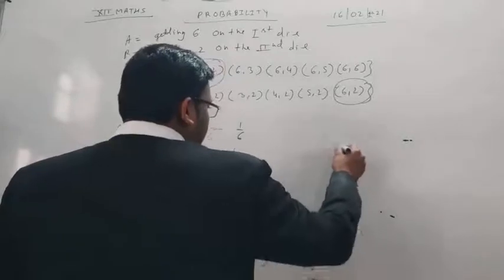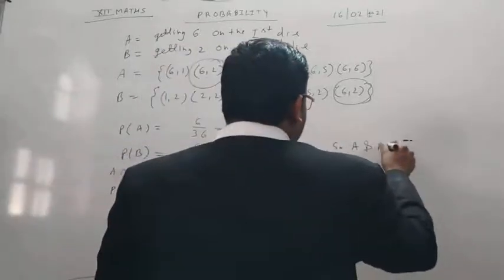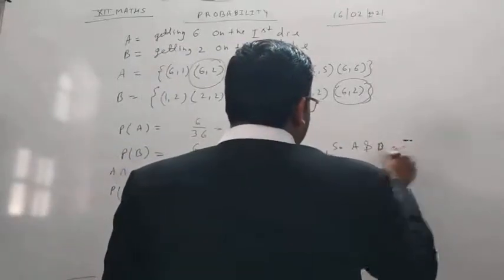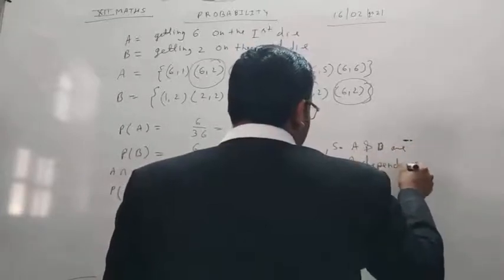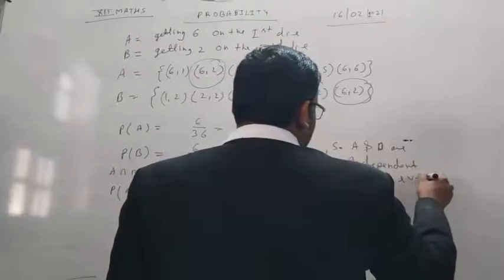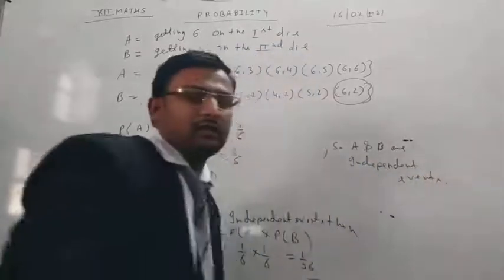So we can say that A and B are independent events. Okay, students.